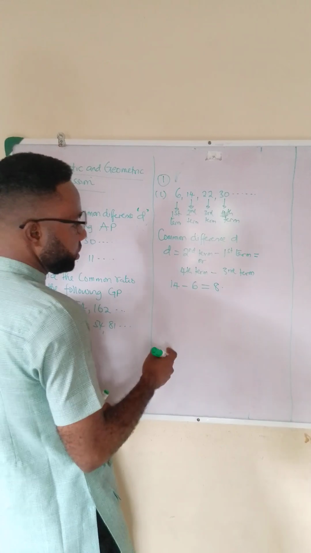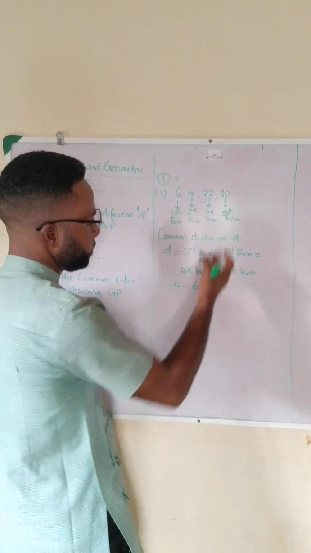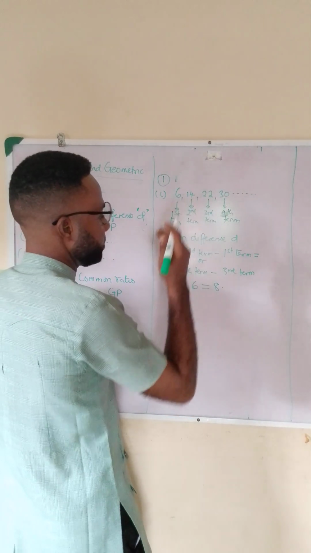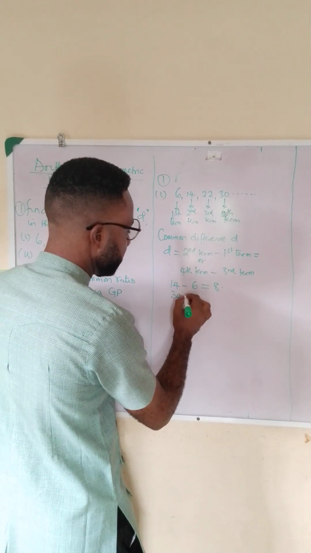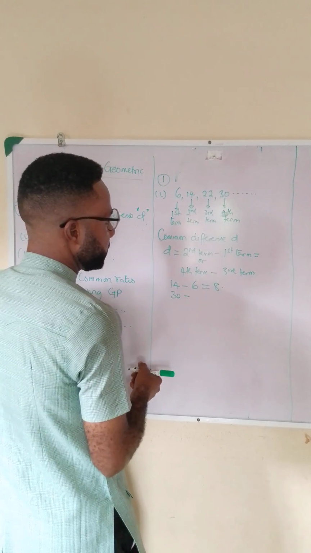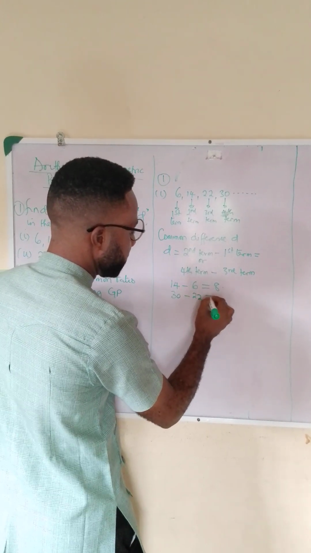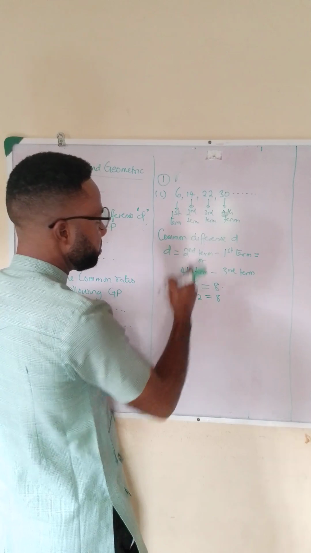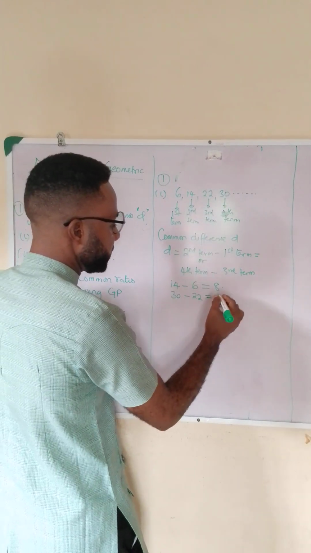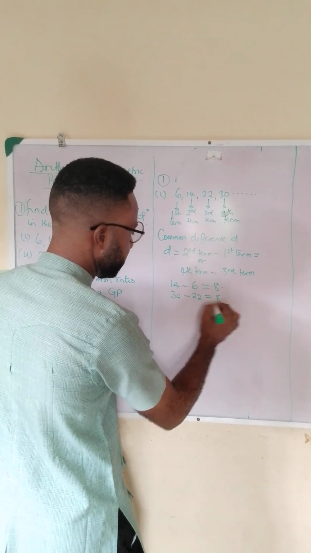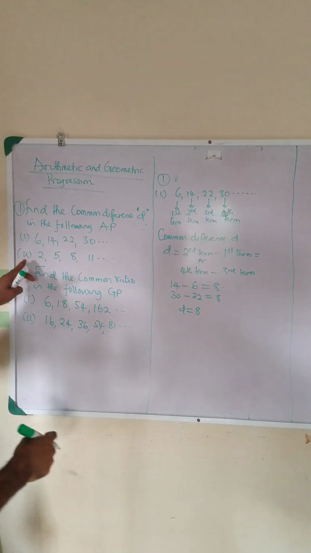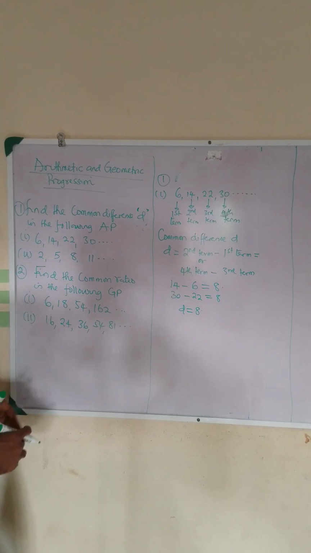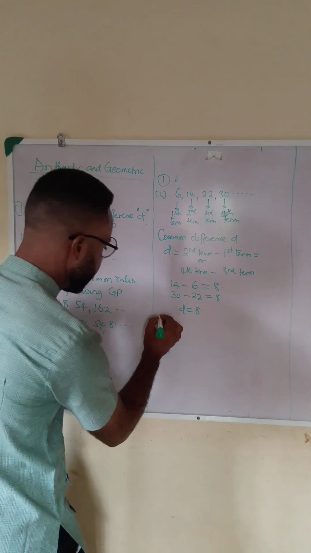To check, we can take the fourth term minus the third term: 30 minus 22, which still gives us 8. So the common difference, D, equals 8.